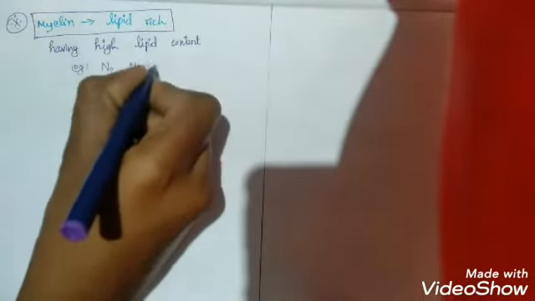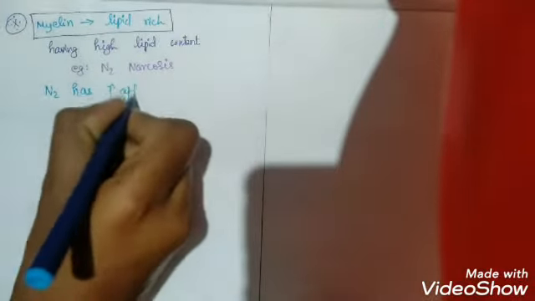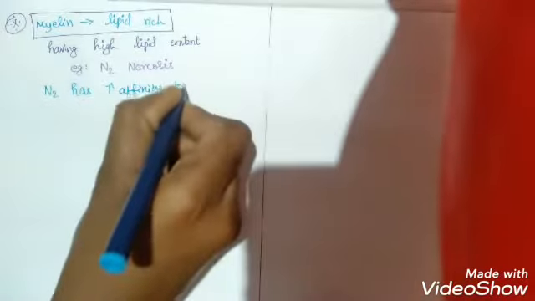Nitrogen narcosis. When a person dives deep into the ocean, because of the high barometric pressure around the body, the gases dissolve into the body tissues. The main gas inhaled is nitrogen, right? So the nitrogen gets dissolved into the body, and nitrogen has high affinity for lipids.